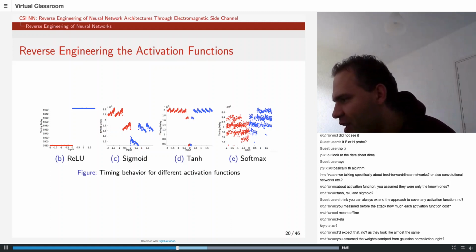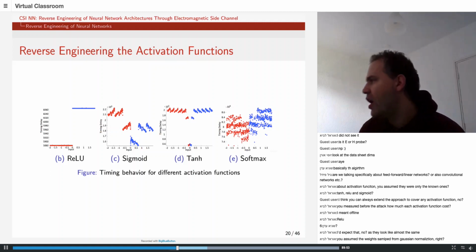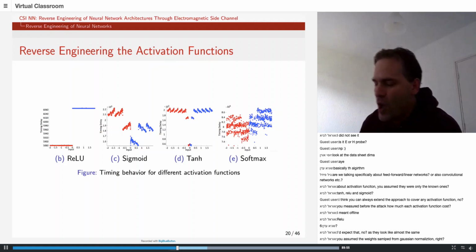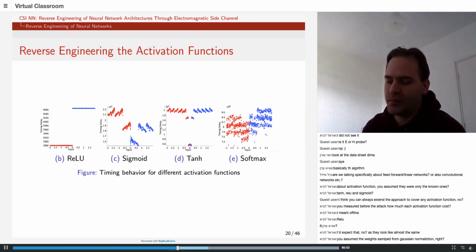You assume the weight is sampled from a Gaussian distribution? First, we do not need to assume that, although most modern neural networks would actually use random initialization, one of the popular random initializations.